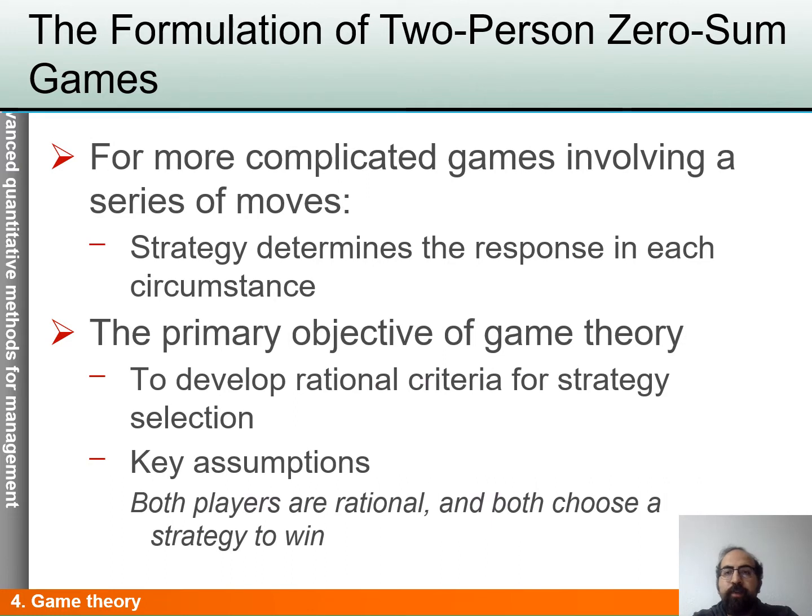So we just reviewed the payoff table of the previous example, odds and evens, that had two strategies for player 1 and two strategies for player 2. But the number of strategies is not always two.